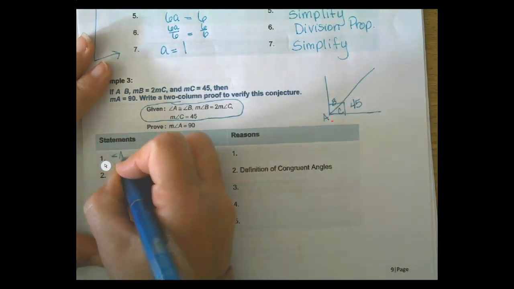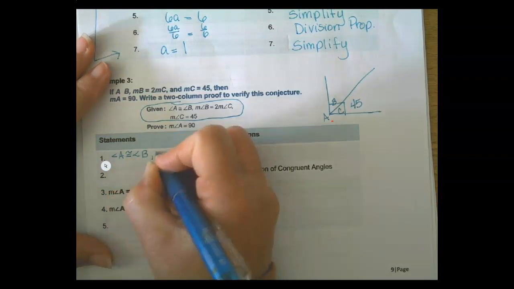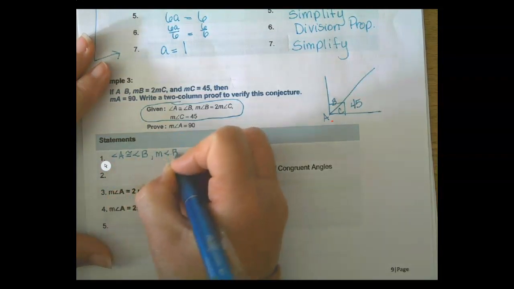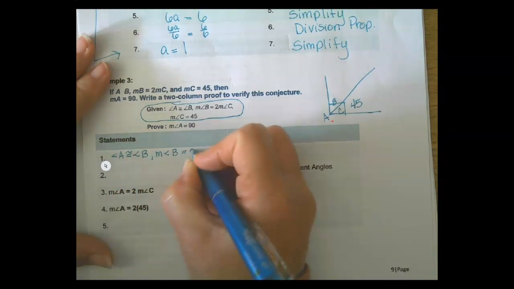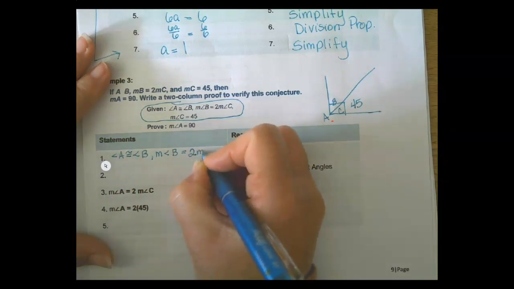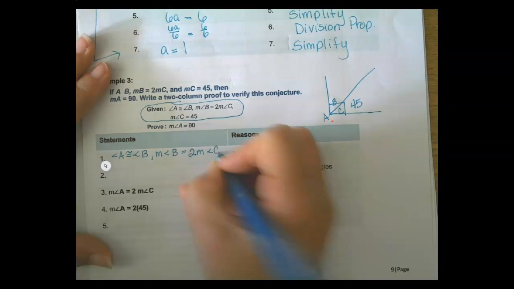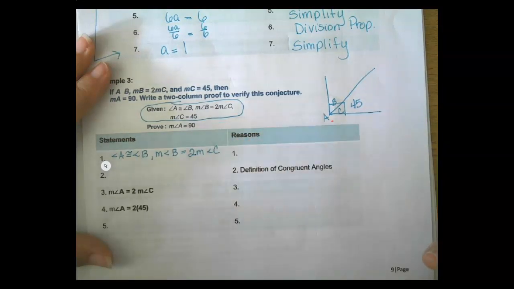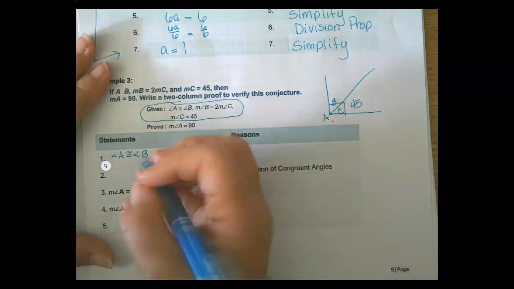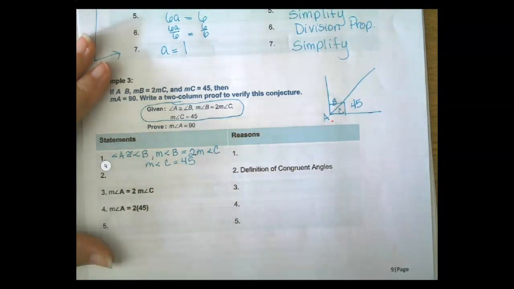So angle A is congruent to angle B. The measure of angle B is equal to 2 times the measure of angle C. Why does this look wrong? But I'm going to keep going. So the measure of angle C equals 45. This is given.